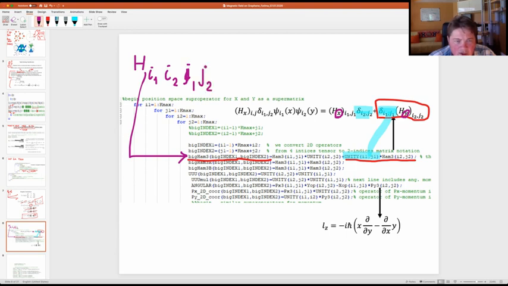So instead of a square matrix, it is a tensor with four indices, right? Yes. And then we do know that indices I1 and J1 refer to the X dimension, and indices I2, J2 refer to the Y dimension.